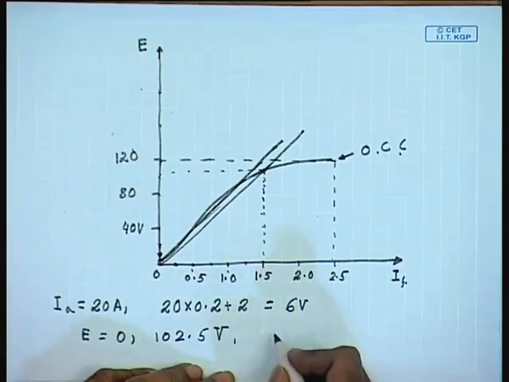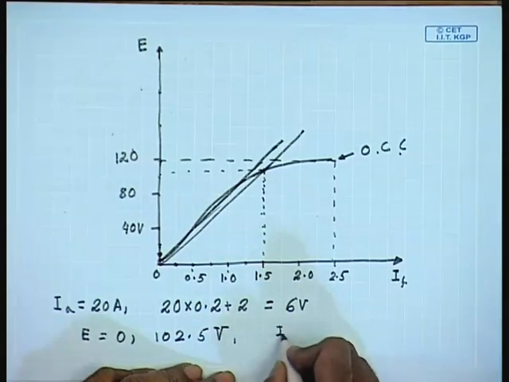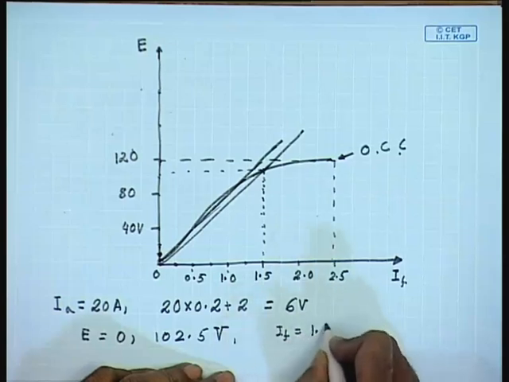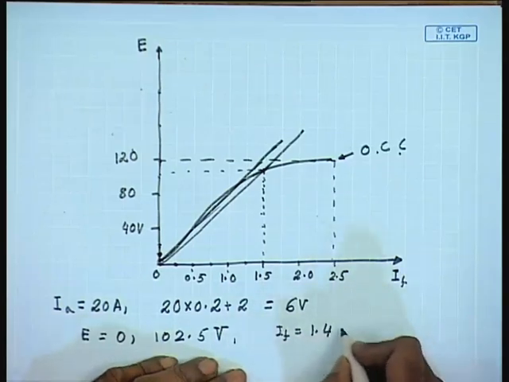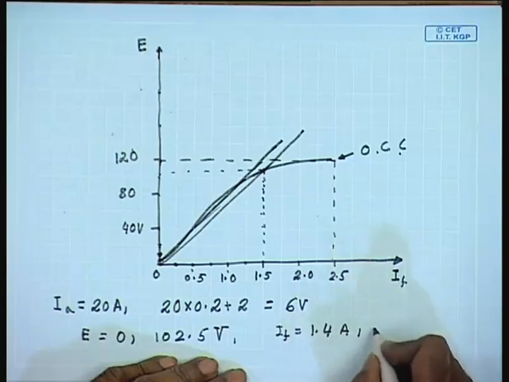The corresponding field currents are IF equal to 1.4 ampere and 0 ampere.